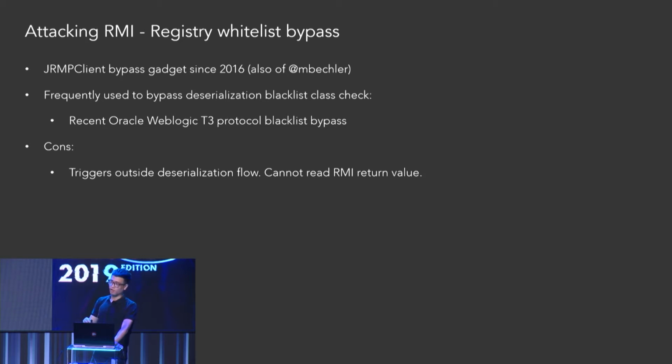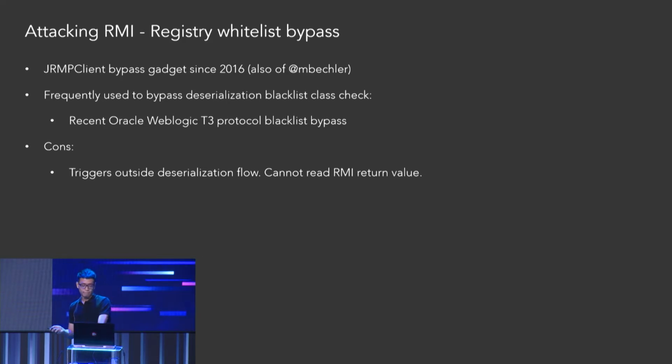It was originally intended to get around the blacklist class check for deserialization vulnerabilities. For example, the recent Oracle WebLogic T3 protocol uses this gadget to bypass the blacklist that Oracle built into the WebLogic application.